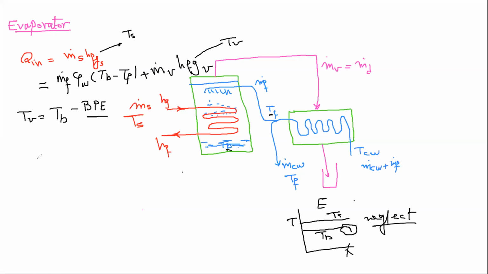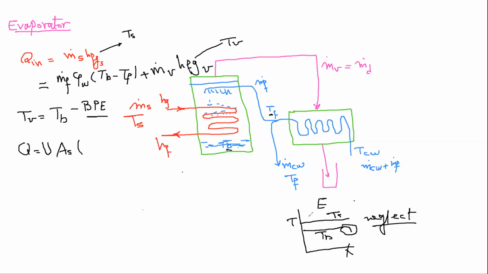Accordingly, the Q here can be given as the overall heat transfer coefficient. You have tubes with seawater inside. There is the tube wall, and there is steam inside, tube wall, and seawater outside. So there's an overall heat transfer coefficient that will be multiplied by the surface area.